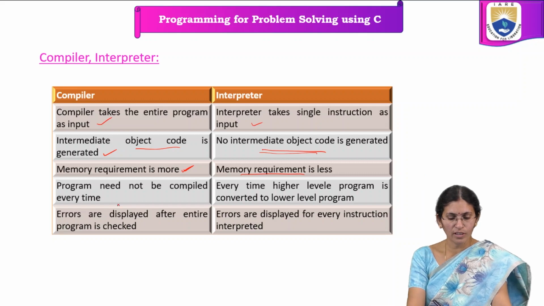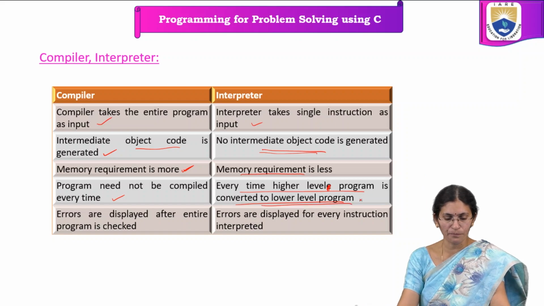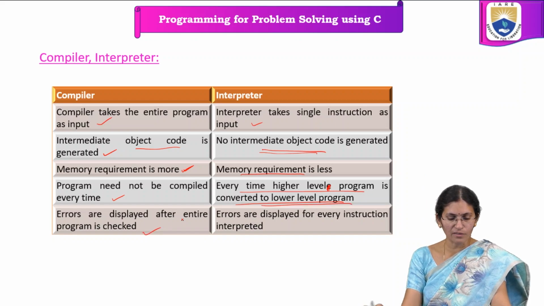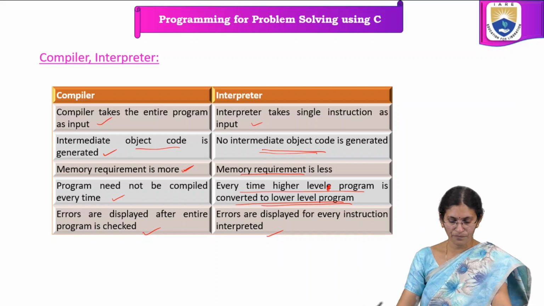For a compiler the program need not be compiled every time, but for an interpreter, every time the high level program is converted to low level program. Compiler errors are displayed after the entire program is checked, but for an interpreter errors are displayed for every instruction which is interpreted. These are some of the differences between compiler and interpreter.